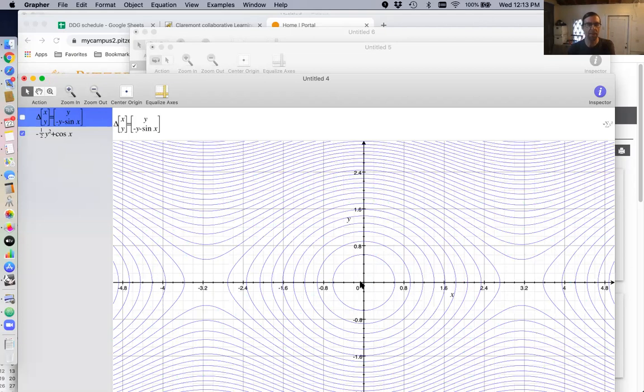So it just gives you a little bit more information. The fact that dh dt was always positive tells you we're always crossing from low to high on this h function, and you're always crossing those level curves.